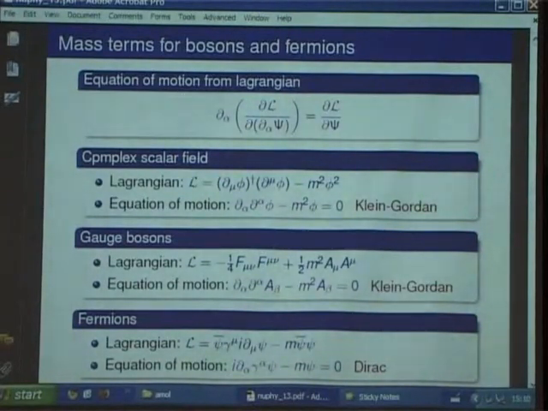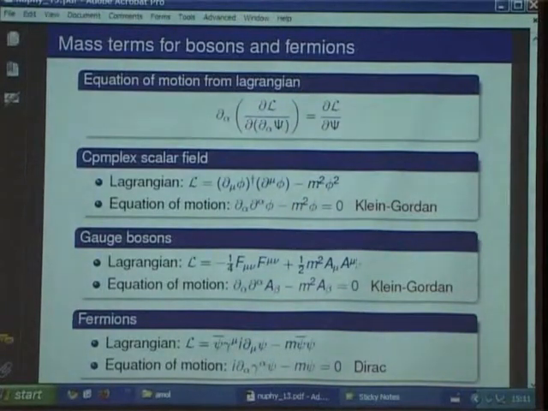Now from this, you want to get the Klein-Gordon equation, because after all, bosons satisfy the Klein-Gordon equation. It turns out that to get this equation, you should add a term, which is half m squared A_μ A^μ.